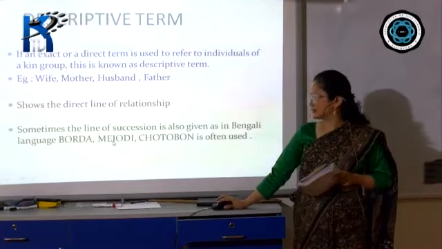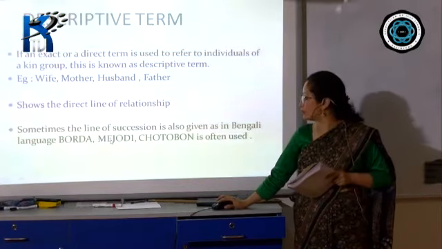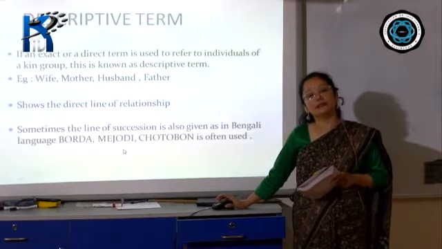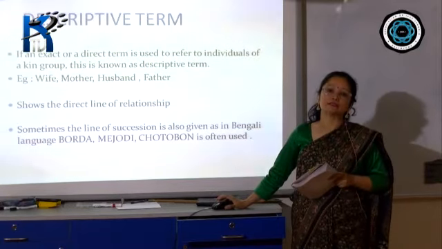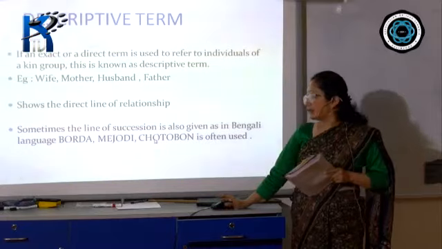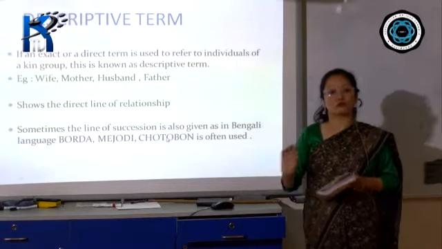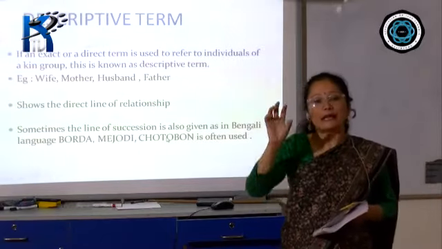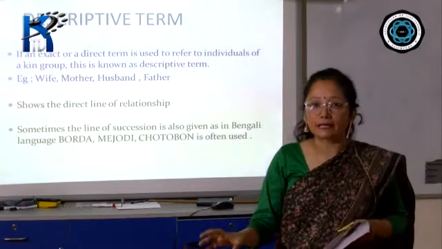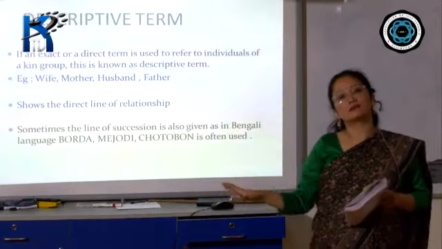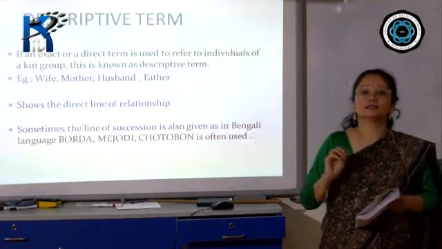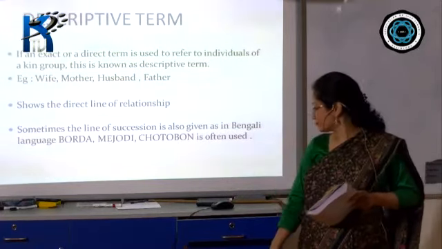If it is a sister, the middle sister will be known as Majodi, or Majoda in case of a male. If you have a younger sister, she will be known as Choto Bon. So the line of succession is also very, very clear, which means these terms are known as descriptive terms.